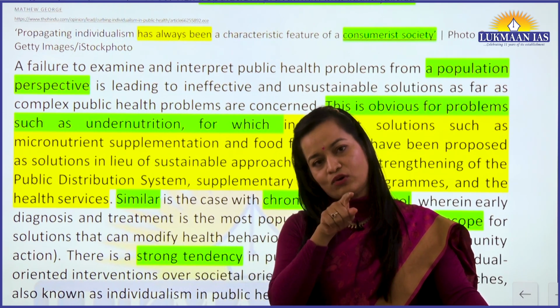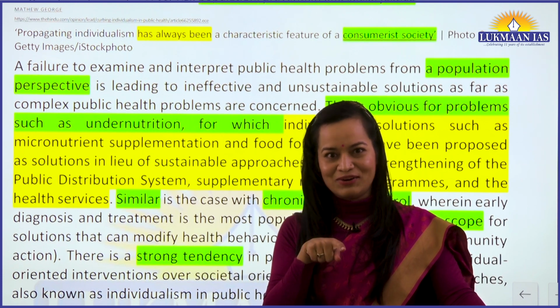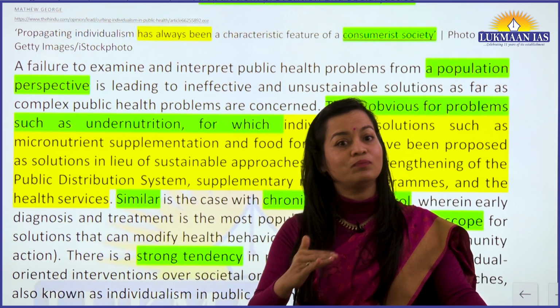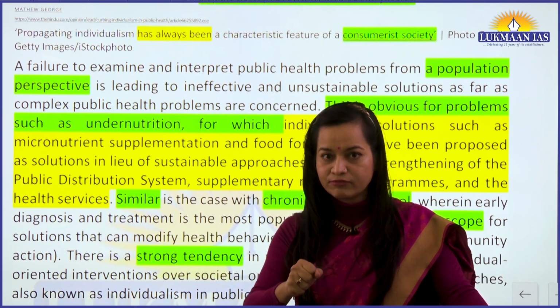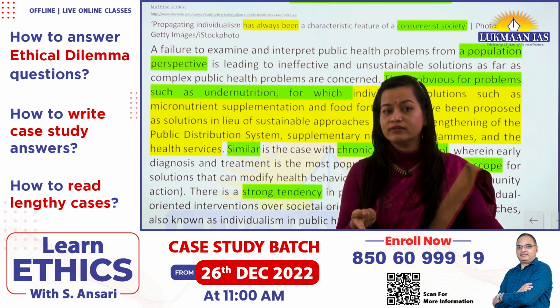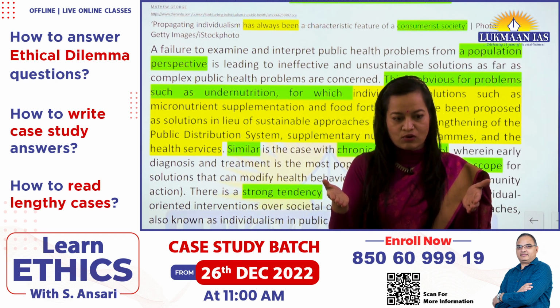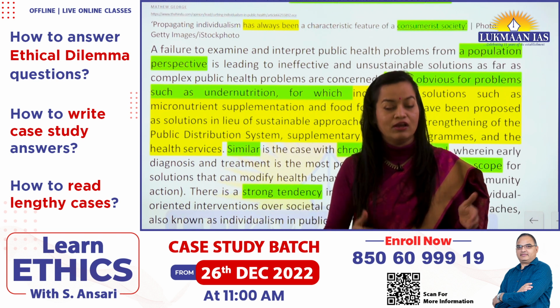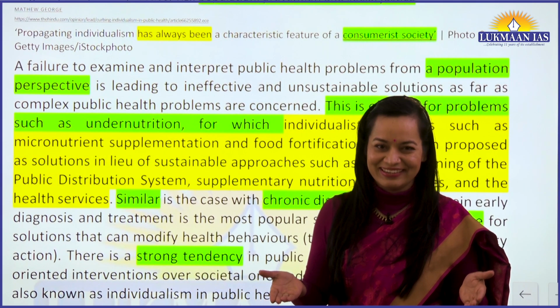We're going to talk about those words separately in our classes, but those words are there because all options could be equally valid. However, we have to choose the most important option that is solution oriented, for the benefit of society, for the benefit of public administration, the job that you're seeking.